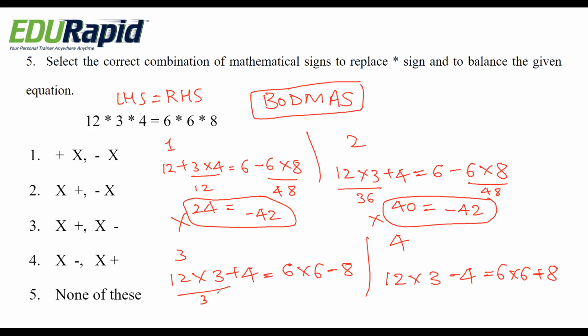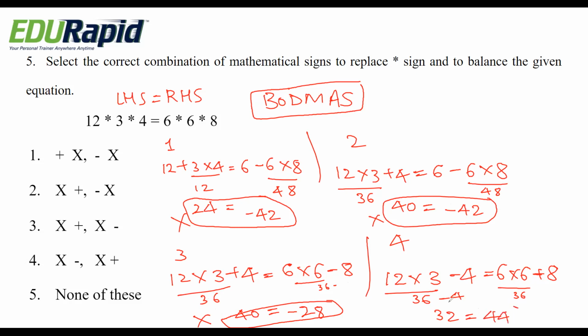12 threes are 36 plus 4 is 40. 6 sixes are 36 minus 8 is 28. It is also not balanced. 12 threes are 36 minus 4 is 32. 6 sixes are 36 plus 8 is 44.